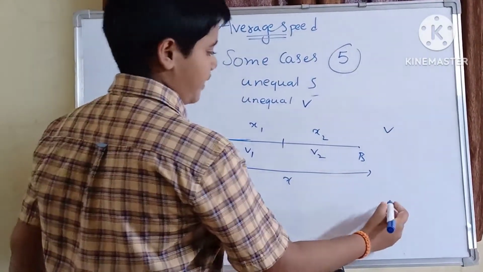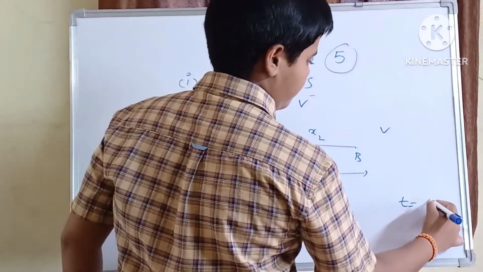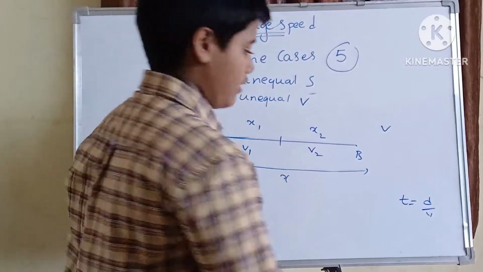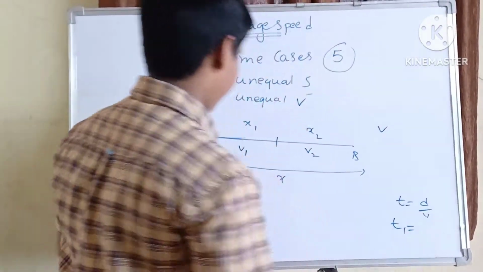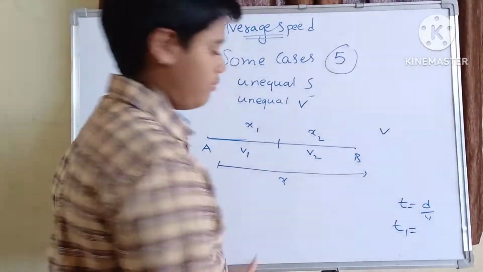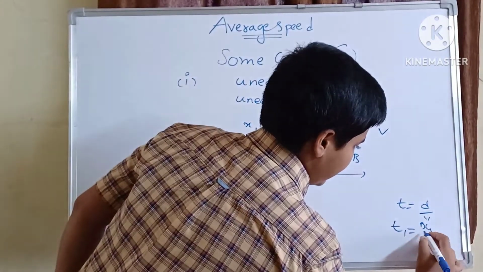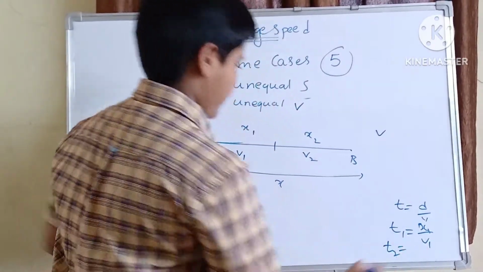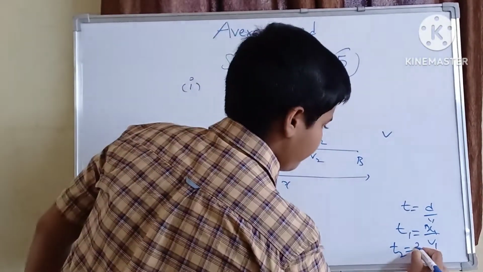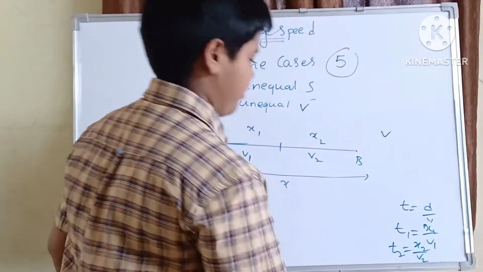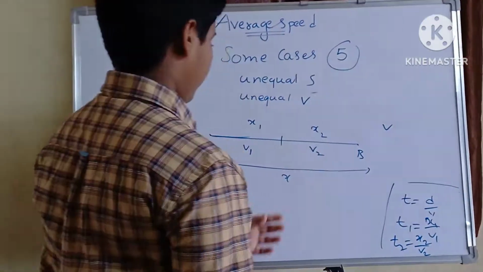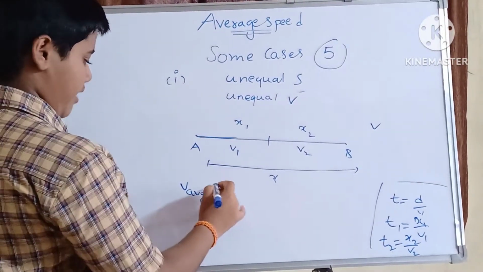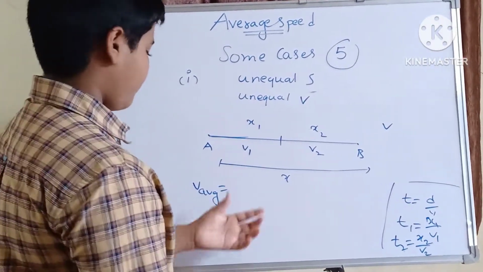So what is the formula of time? Time is equal to distance by speed. So T1 is equal to x1 by v1 and T2 is equal to x2 by v2. Here we have to derive the formula for V average, which means average speed.